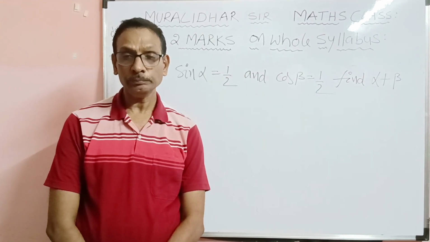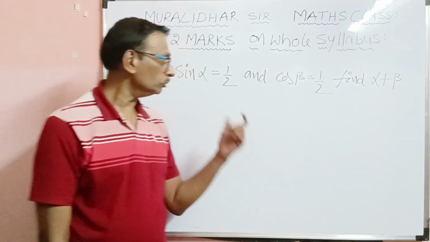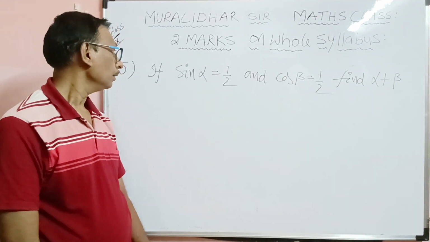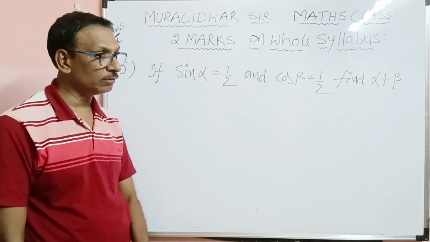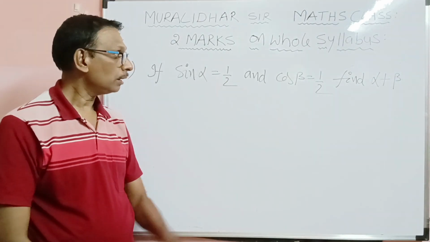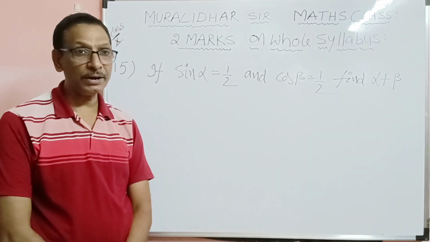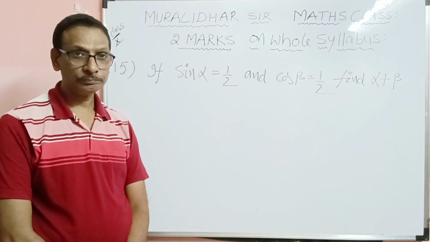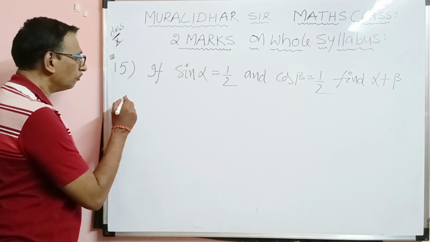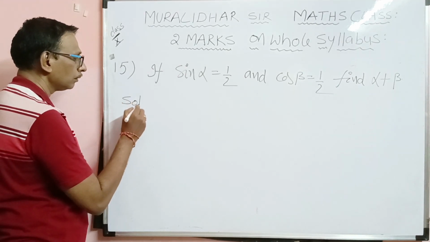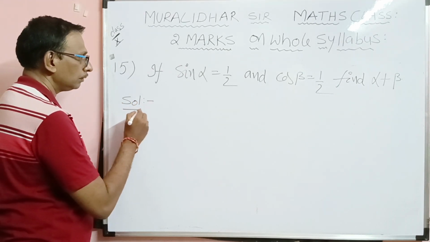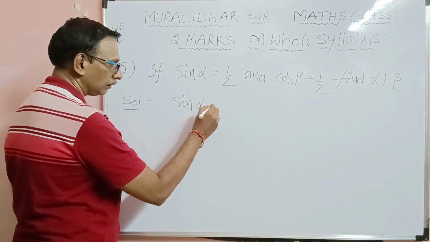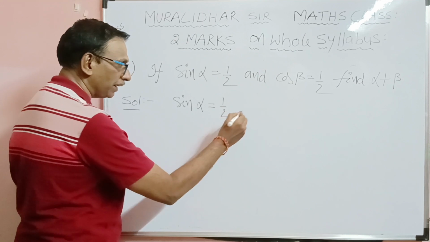Now one more problem. Now this is related to trigonometry. If sin alpha is equal to 1 by 2 and cos beta is equal to 1 by 2, then find alpha plus beta. Now first you take the given equation, sin alpha is equal to 1 by 2.